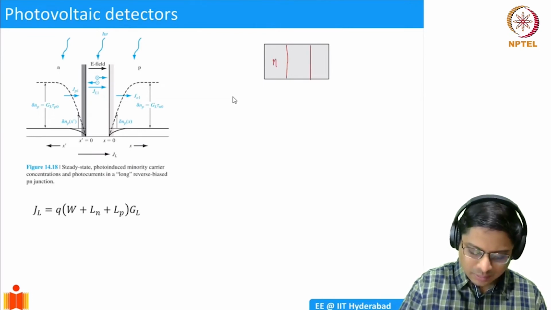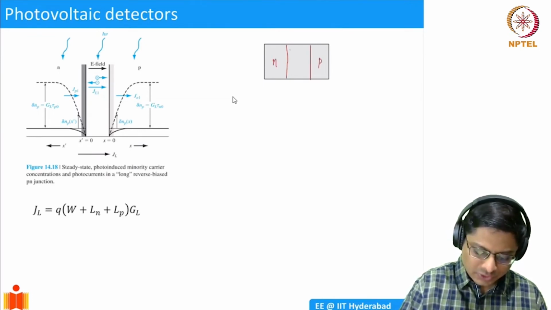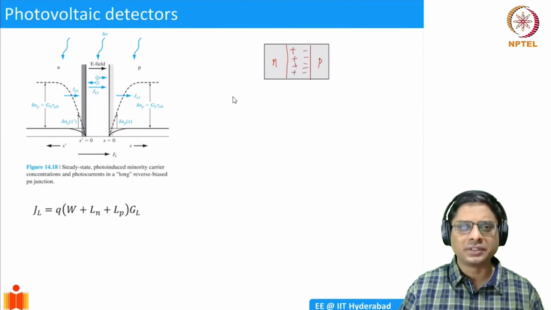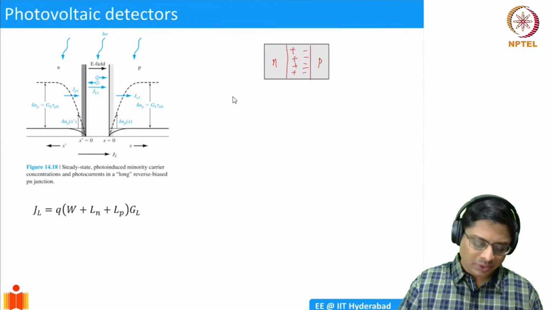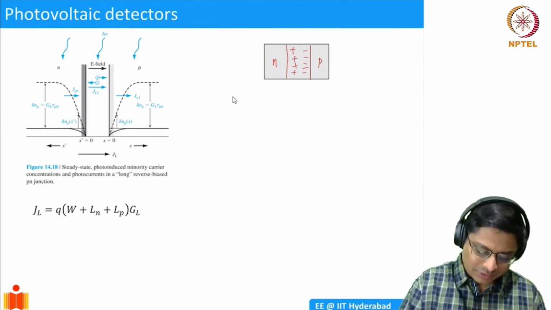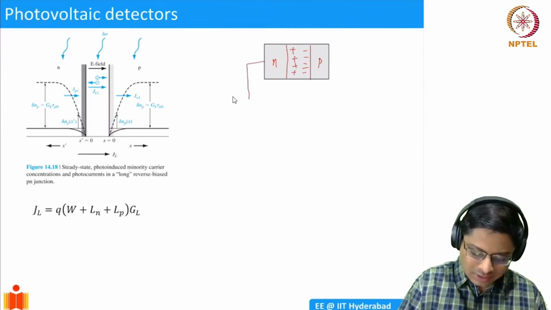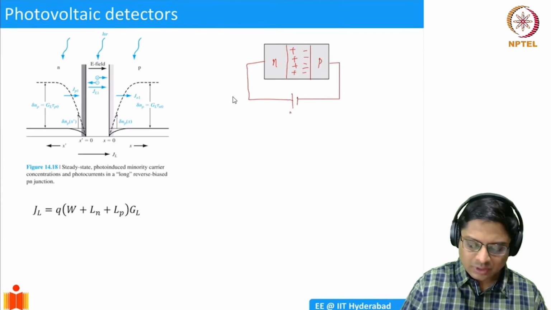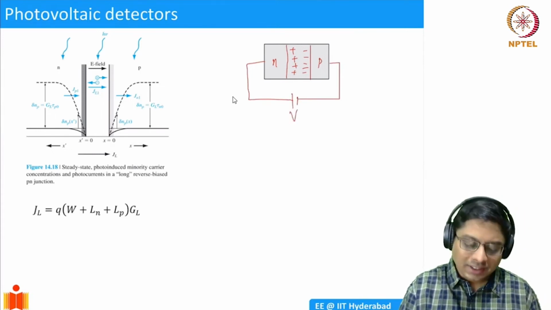So I'll take N and P here. So I'll have positive charges here and negative charges. I just reverse the polarity that we have typically taken, because I want to be consistent with the diagram on the left. So I can apply a reverse bias to this. When I apply a reverse bias, I can control my depletion width, and I can increase my depletion width.